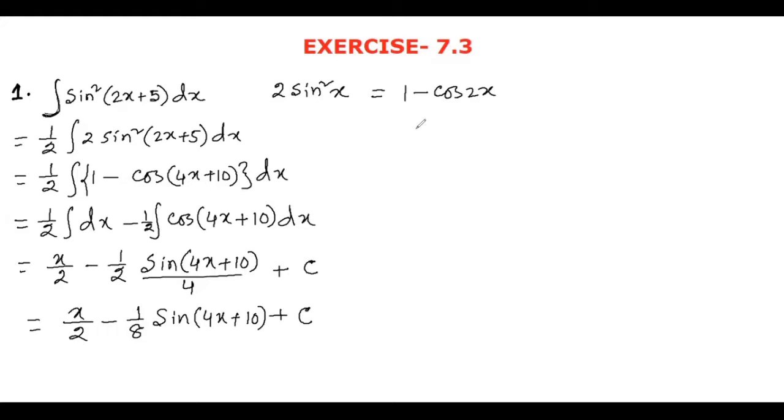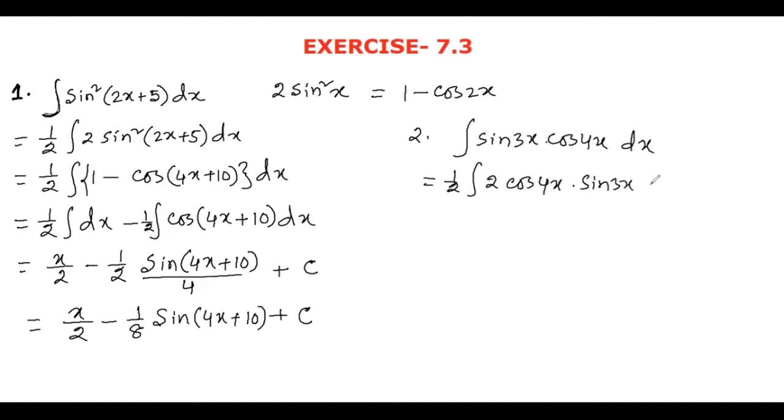Okay, so next, question number 2, integration sine 3x into cos 4x dx. So what we will do here, 1 by 2 into 2 cos 4x into sine 3x dx. Why did I write cos 4x first? Because 4x is greater than 3x, so that's why.